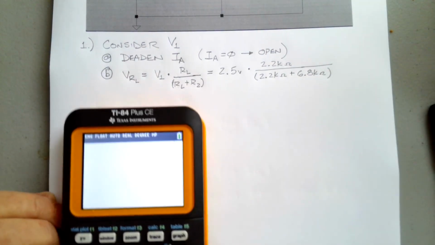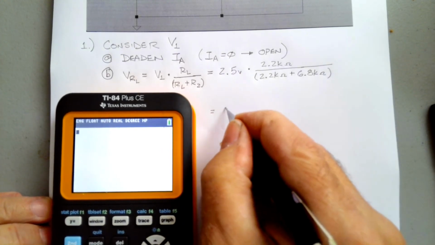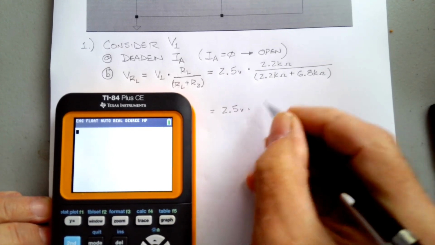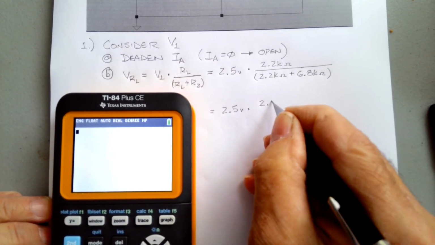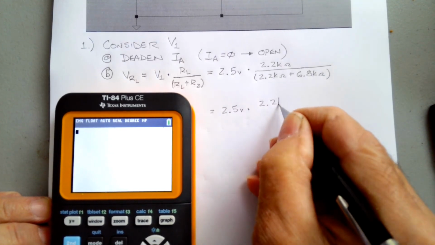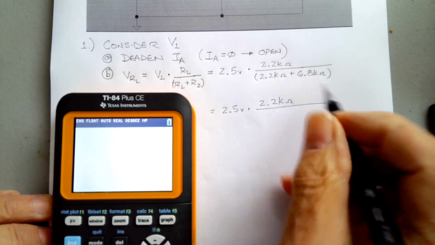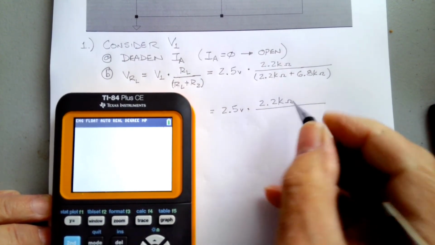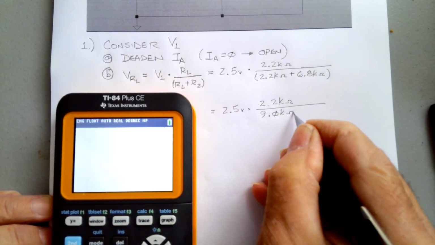So that's 2.5 volts times 2.2K ohms divided by, well, it's pretty easy to add this. 0.2 and that gives you 7, and 2 more gives you 9. So that's going to be 9.0 k ohms.